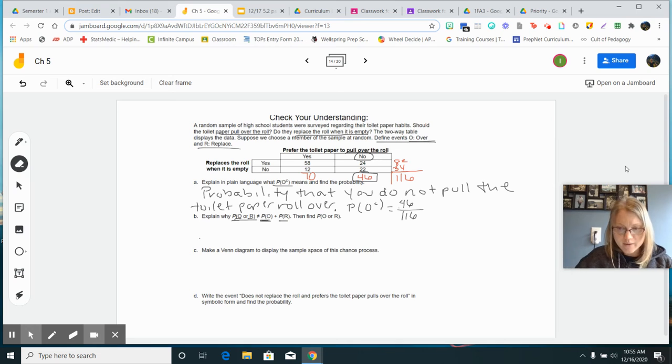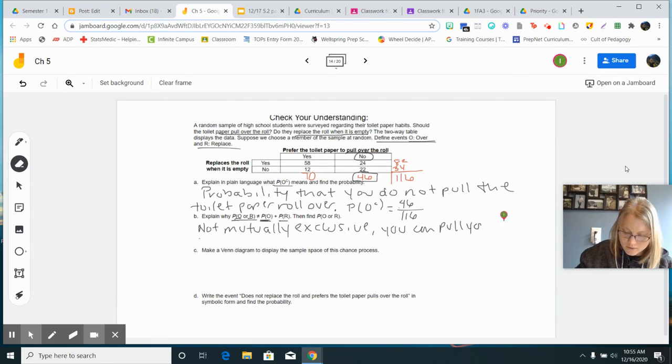So these are not mutually exclusive events. You can pull your toilet paper over and replace the roll.